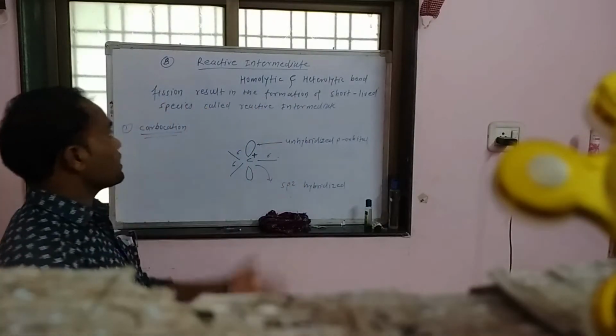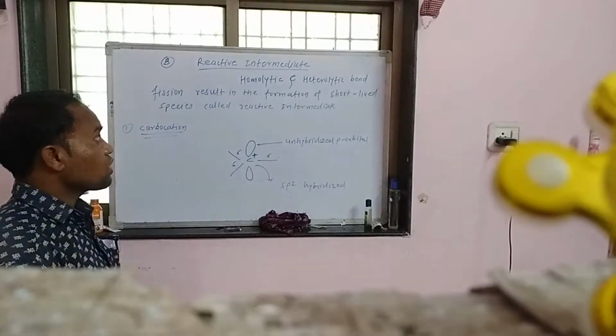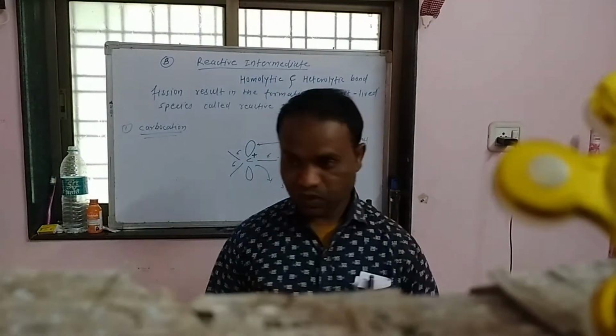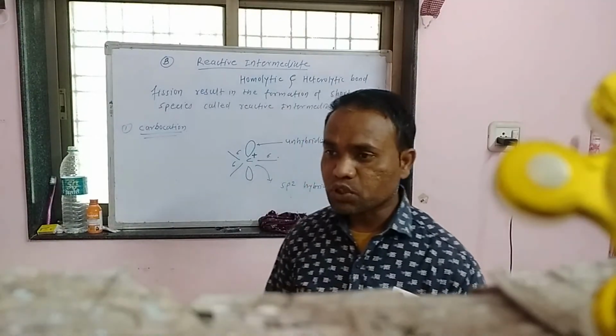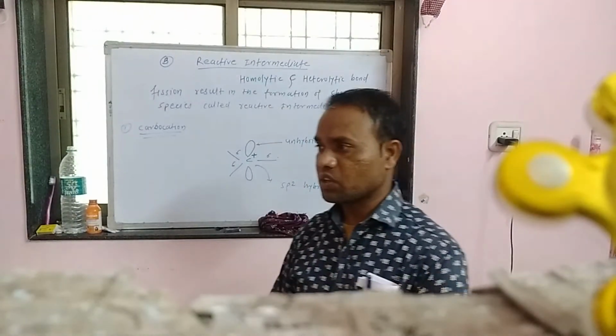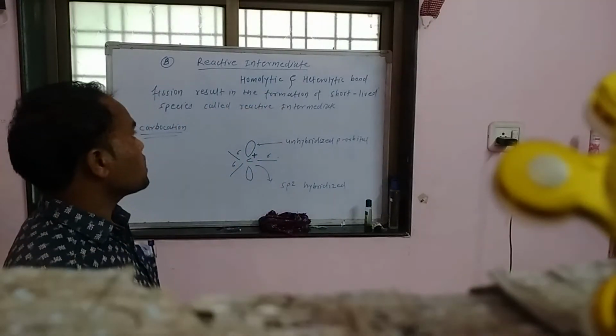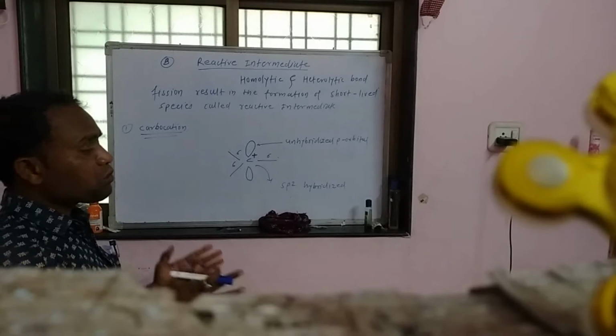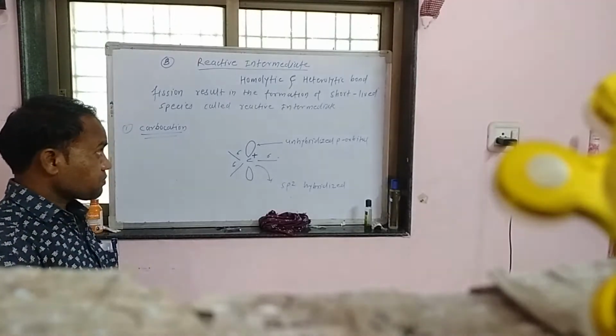Homolytic and heterolytic bond fission resulting in the formation of short-lived species are called reactive intermediates. The existence of these species can be detected by spectroscopic methods.